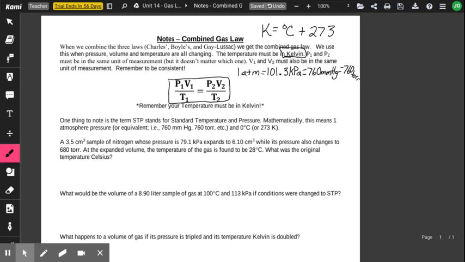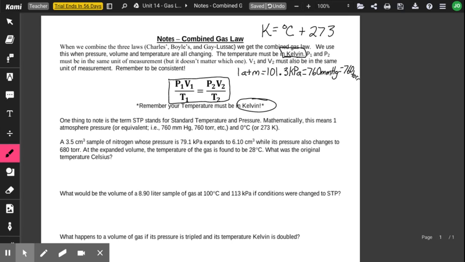Okay, so it's an easy plug in your numbers, cross multiply, and solve. Now remember that your temperature must be in Kelvin. Again, I'm going to keep trying to emphasize that. Make sure that you are converting into Kelvin because a lot of times you're going to be given it in degrees Celsius. Why? Because thermometers measure in degrees Celsius. So we're going to need to make that conversion.